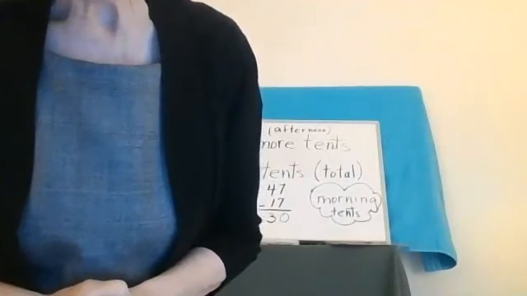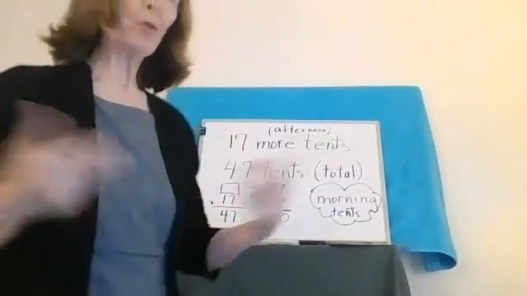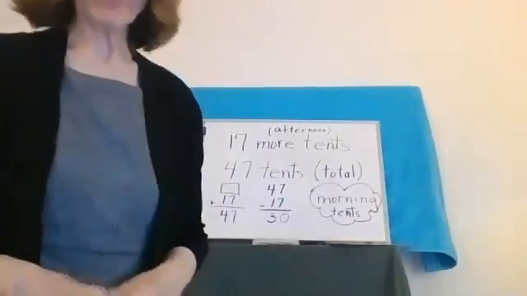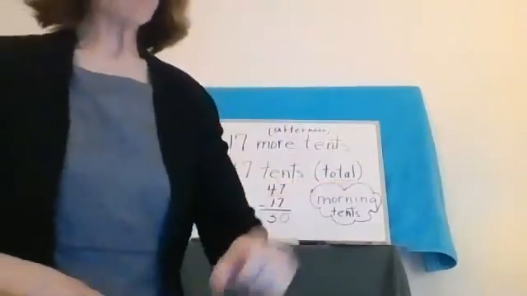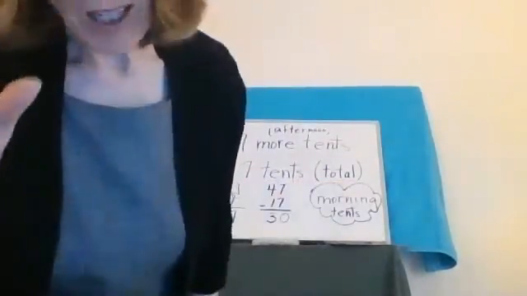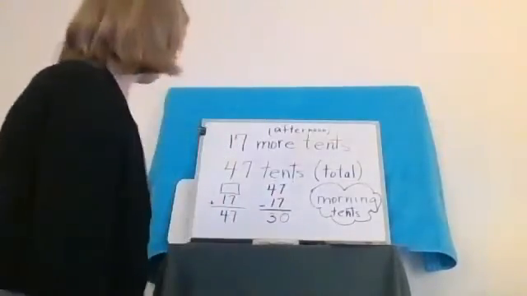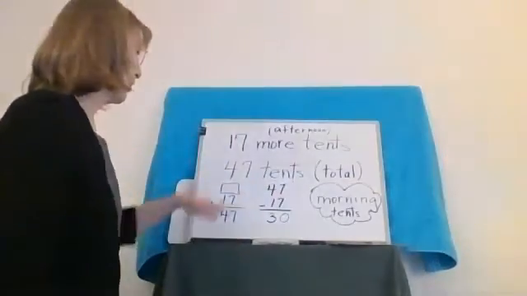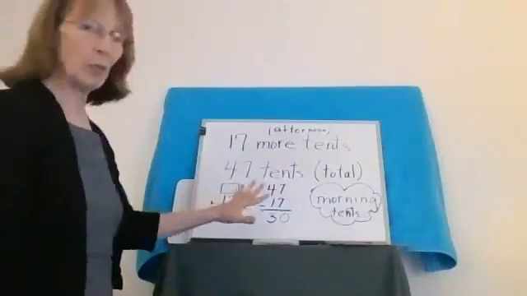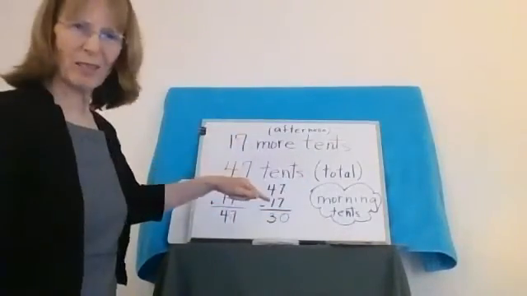How many tents were at the campground in the morning? It's a missing number, isn't it? We know 17 and we know 47. Well, let's look up here. Here's what we know and here's what we don't know. Can you see it?